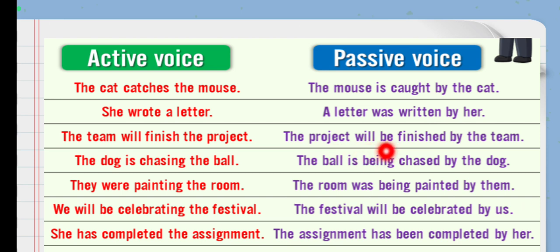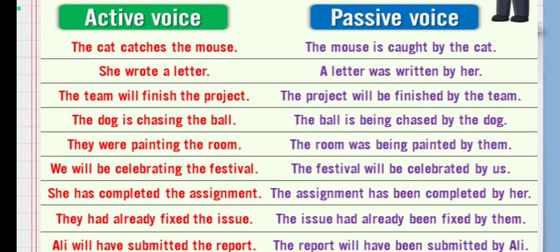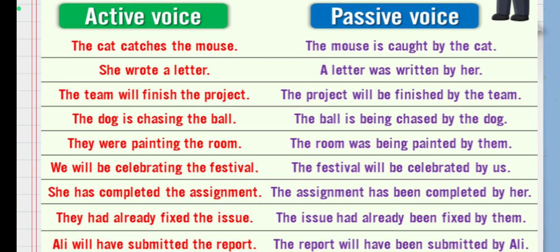And after that, remember, always after be, past participle. Finished. Will be finished. And always, the subject comes to the end. The cat, by the cat. She, as I explained, by her. It is not by she. Be careful. The team becomes by the team. Is this clear? Yes. Awesome.